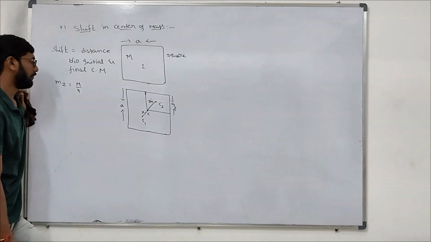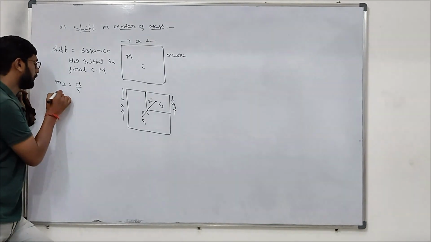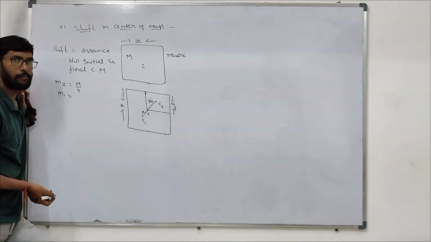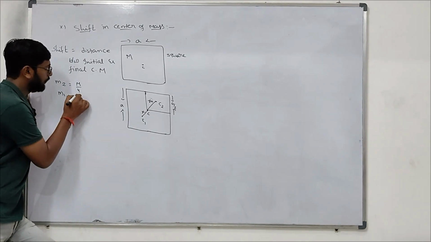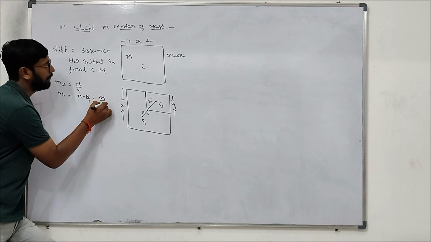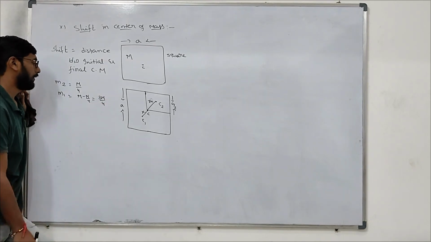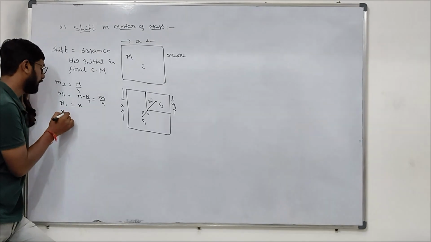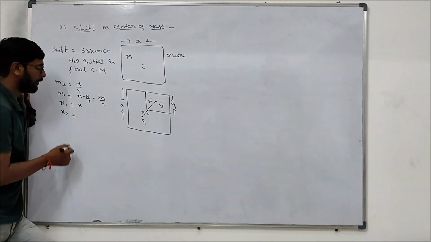M by 4 only, no? So M1 is what? M minus M by 4. That means 3M by 4. Right? We know x1 equals x. X2 will be what? We don't know.